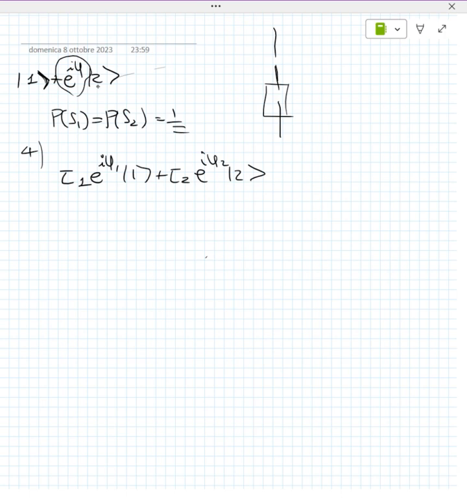Introducing a phase shift will have an effect on interference, but not on the probability of the photon to pass through one or the other slit. So in this third case, we simply have this one.